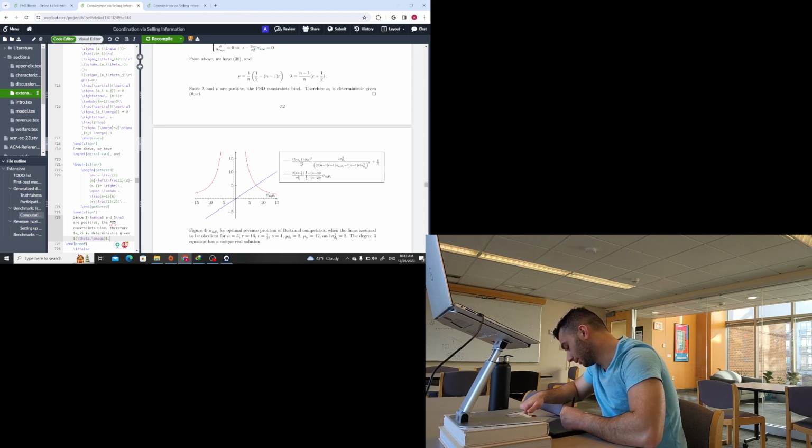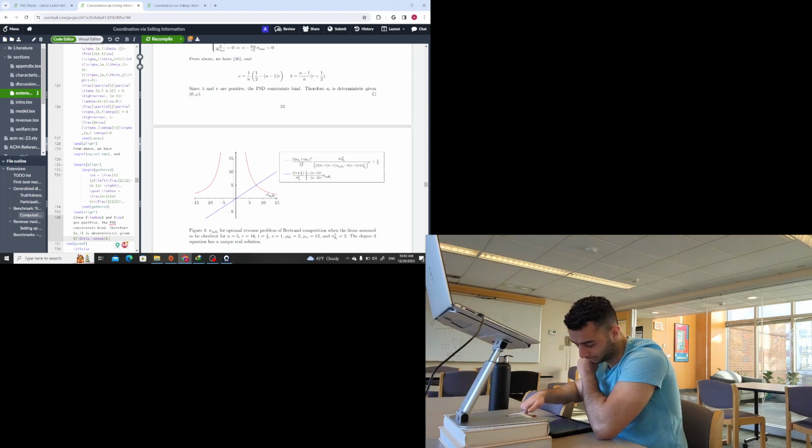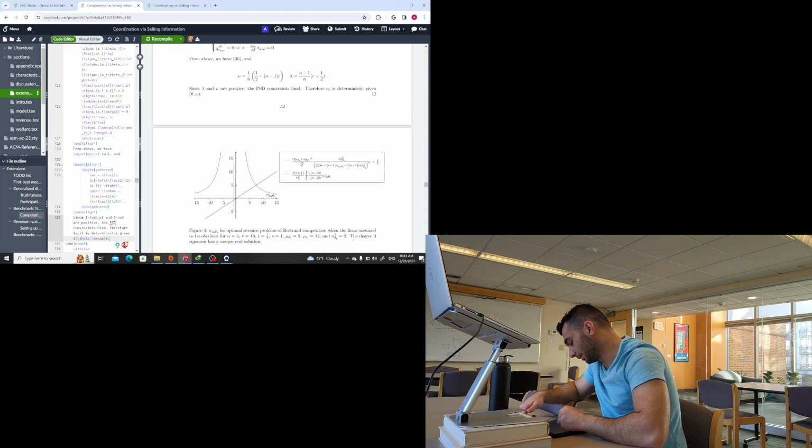For r plus 1/2 minus... Well, I don't know if negative or positive. So this denominator is 1/2 minus n minus 2r.